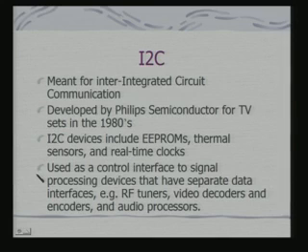You need a set of control information. There may be a set of instructions which may be sent to the audio processor to do a variety of tasks. Now, you need a control interface for doing that communication. In fact, I2C is used for that purpose. I2C devices include EEPROMs, electrically erasable PROMs, thermal sensors, real-time clocks, and many sensors are actually used with this kind of I2C devices.